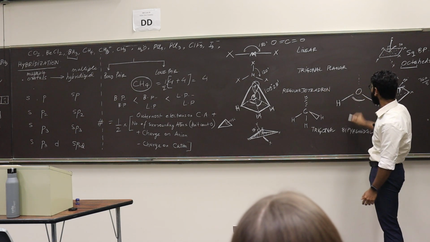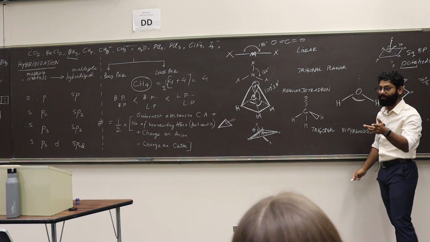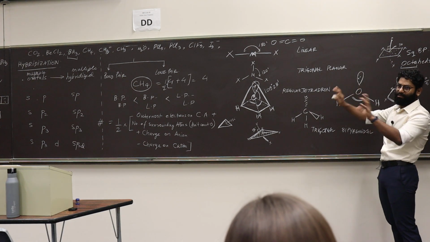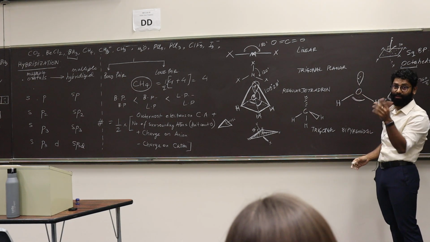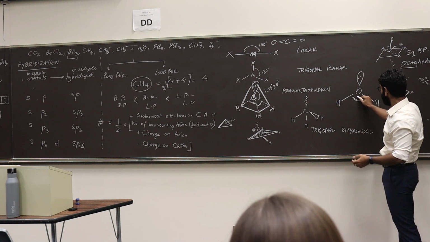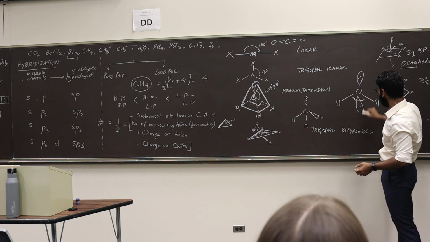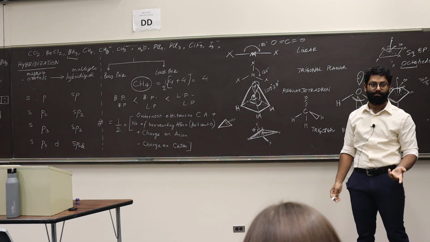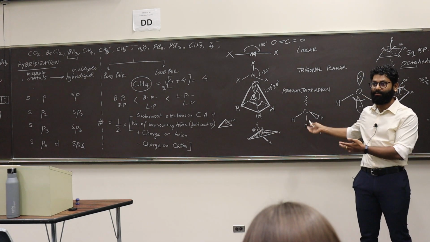Bent because this is not 180, right? So the electron pairs of oxygen, which there is no negative, but there are like electrons, are sitting here. So the shape that you actually see is a bent. That's why water is bent shape, okay?